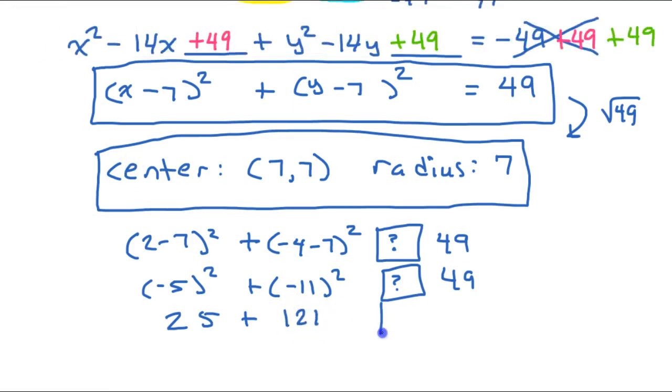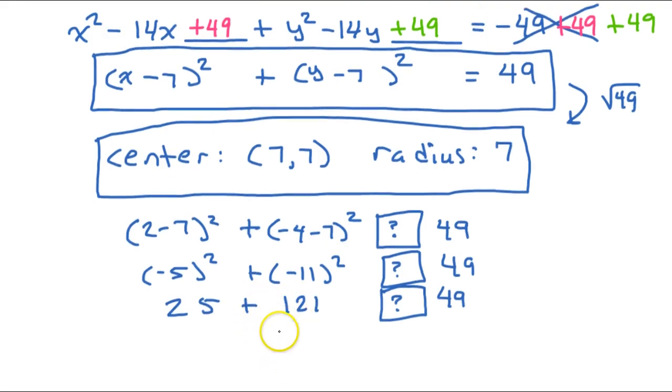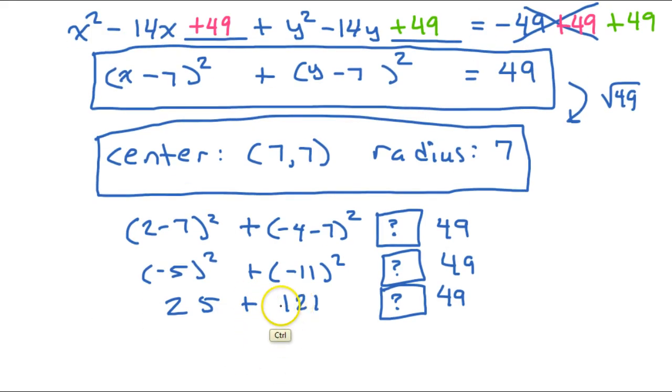All right, and I'm asking myself, how does that compare with 49? Okay, wow, well, this is not even close, right? This is huge. So this is going to be 146. So unless I made some kind of mistake, this is like not even close.